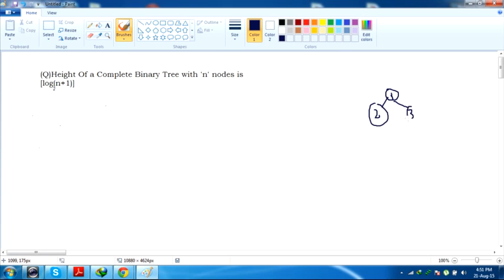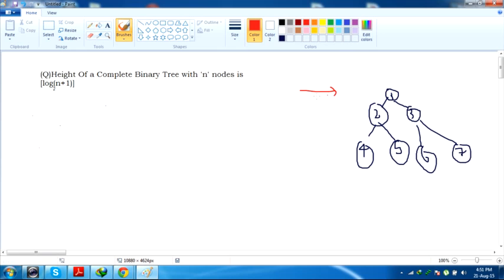Suppose 1, 2, 3, 4, 5, 6 and 7. Suppose in that particular case I want to calculate the number of nodes. That is level 0. If you talk about level 0, the number of nodes in level 0 is nothing but 2 to the power 0.